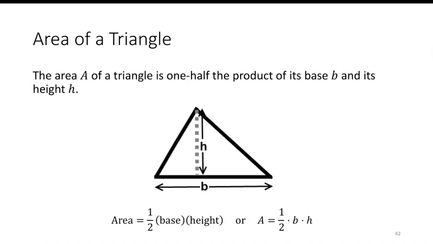Now the area of a triangle is 1/2 the product of its base and height. So as a formula, the base is one edge of the triangle, and the height is from that edge to the point on the corner on the other side. So area is 1/2 base times height, or 1/2 times b times h.